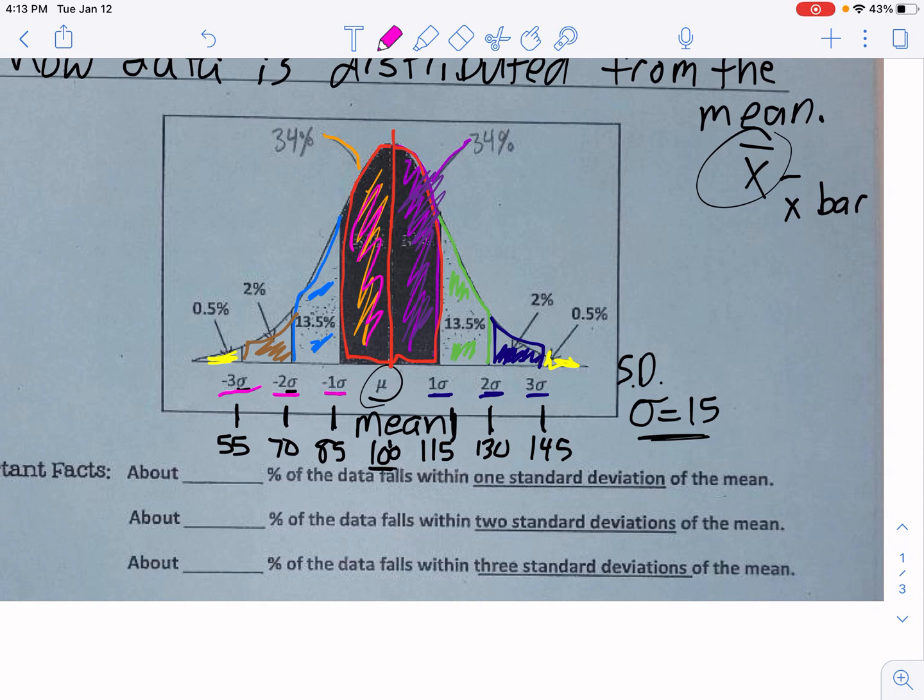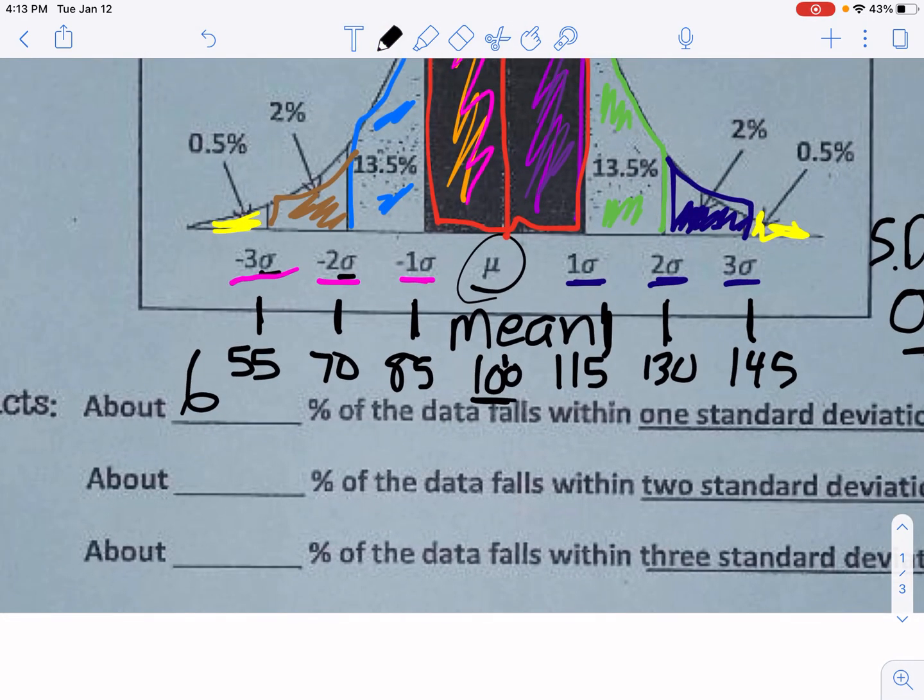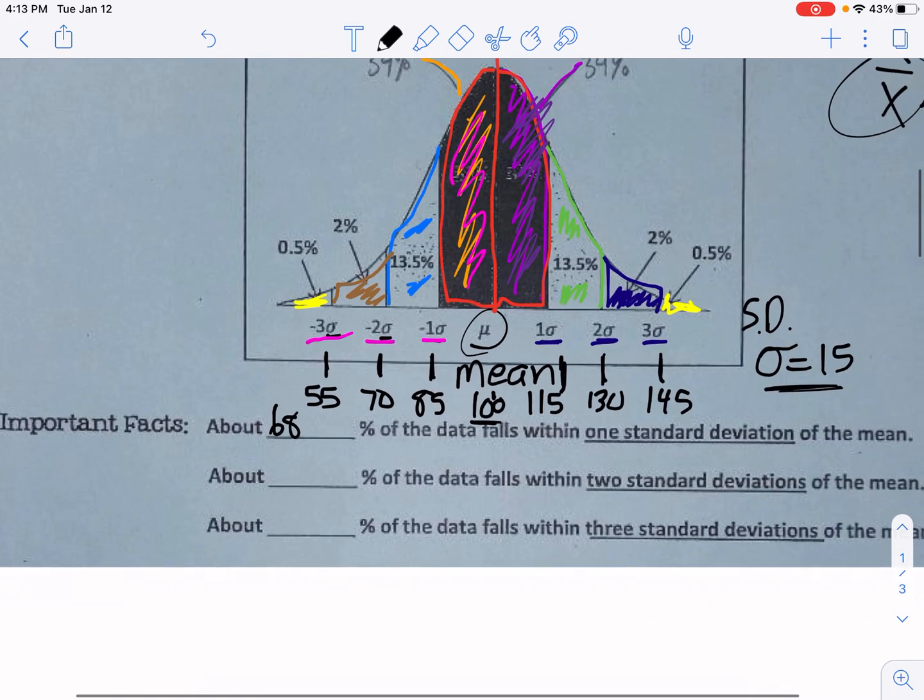So altogether, 1 standard deviation away, whether it's in the positive or the negative, 34 plus 34 means that 68% of the data falls within 1 standard deviation, okay? Or a good way to think of that with an IQ test: 68% of the people you would normally select for a normal distribution curve and an IQ test would be somewhere between a score of 85 and 115, okay?